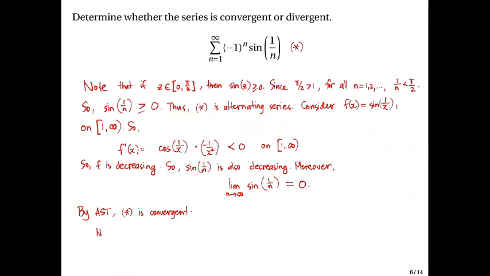So now, let us consider the series, the absolute value of negative 1 to the n sine of 1 over n, from 1 up to plus infinity. But this is just sine of 1 over n, so we sum them up as n runs from 1 up to plus infinity.